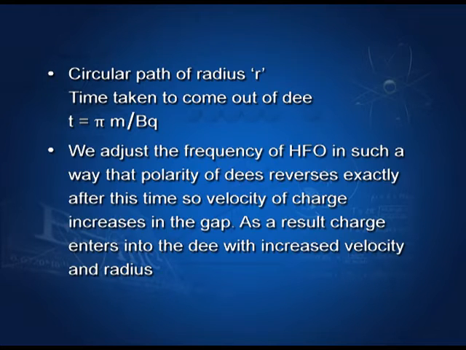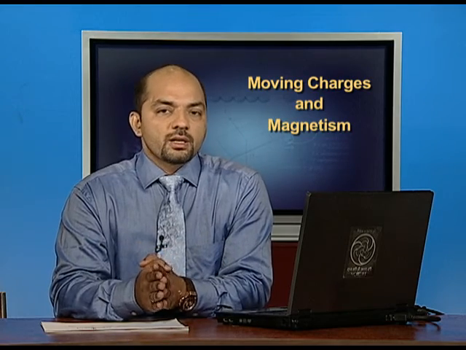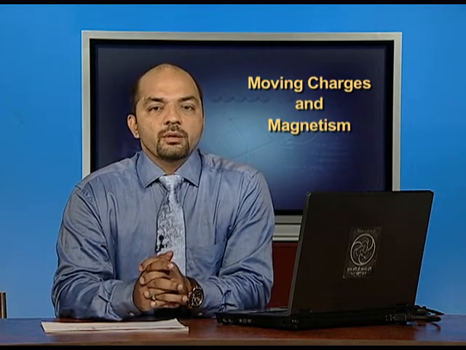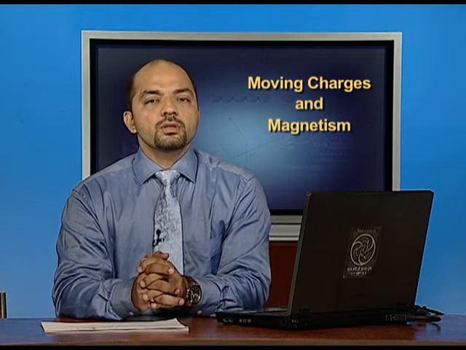We adjust the frequency of the high frequency oscillator in such a way that the polarity of the Ds reverses exactly after this time. So, the velocity of the charge increases in the gap because of the electric force. As a result, the charge enters into another D with increased velocity. As velocity and radius are directly proportional to each other, the charge describes a bigger radius of the circle.